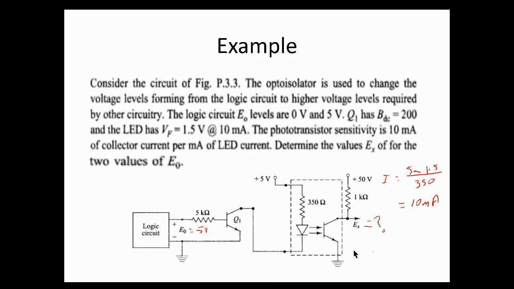Sir, based on how it is designed, there's always going to be 50 volts at EX, regardless of whether it's on. There's always going to be 50. Do you agree, Matthew?